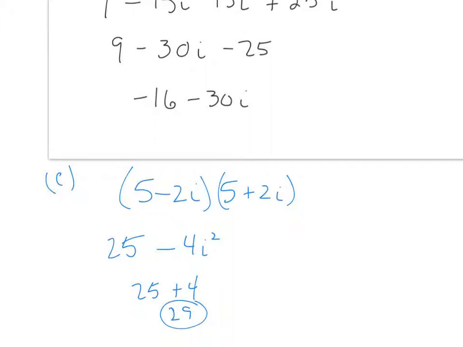Yes, this is the same as binomial conjugates, where we had 3 plus radical 3, 3 minus radical 3, and as a result, the answer was rational instead of irrational. Well, this answer is real instead of imaginary. This is analogous to binomial conjugates: 3 plus radical 7, 3 minus radical 7.